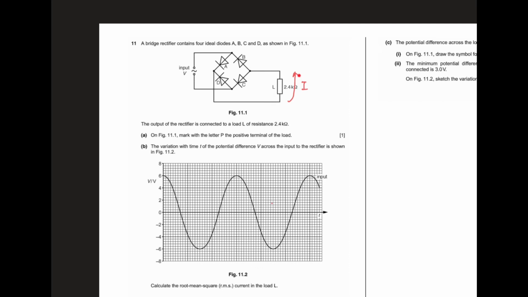If current always goes up, then the positive terminal is... okay, let's see first.